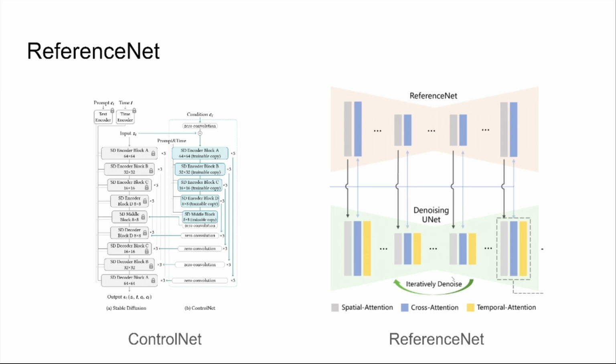That's why we have this full connection from every block, because from the very beginning in the encoder part we need to take the reference one into account. So this is the explanation in their paper, but I think theoretically it's not a perfect answer. Maybe in the future we can have a better understanding.